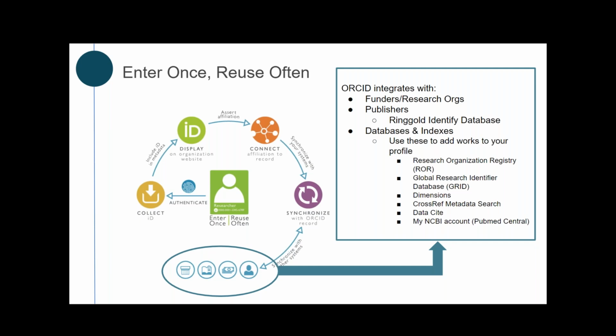It is related to ROR, which is the Research Organization Registry, and also GRID, which is the Global Research Identifier Database. But in addition, ORCID also integrates with Crossref, DataCite, PubMed Central. There's numerous places that ORCID is integrated.